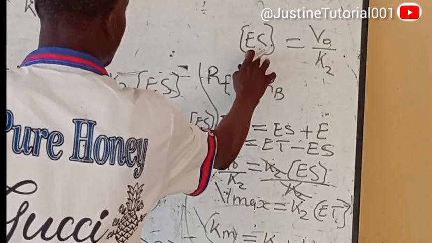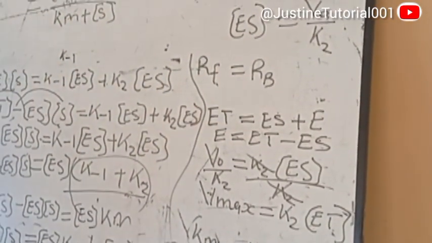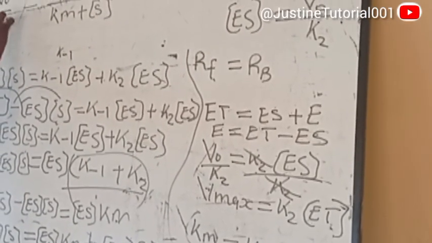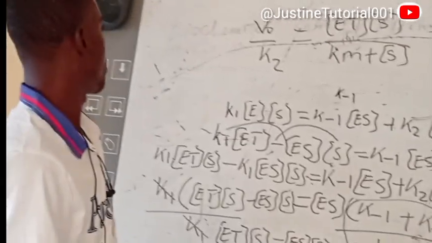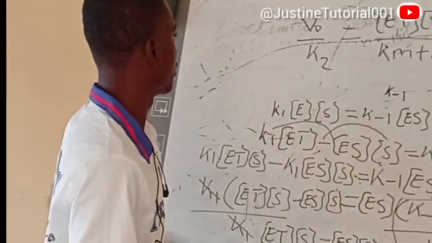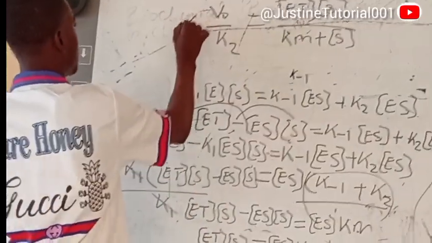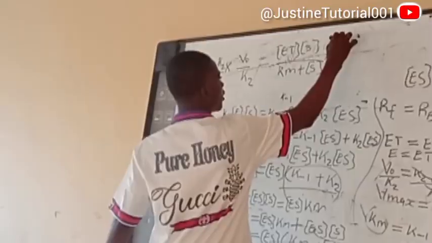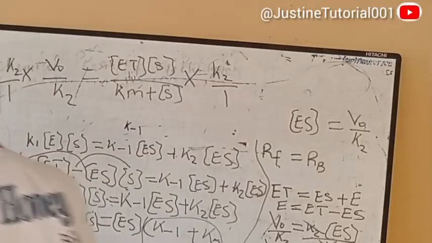So let's represent your ES as V naught all over K2. So we have to multiply rather, which is K2 all over 1, and this will cancel this out.